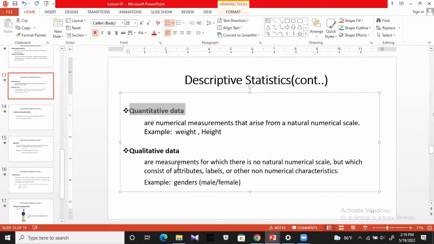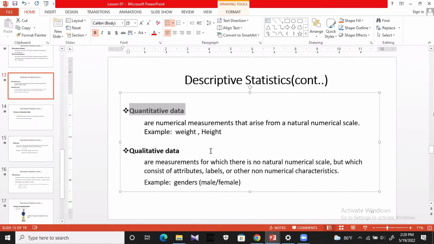Qualitative data are measurements for which there is no natural numerical scale, but there are natural language specifications. Sometimes we can represent qualitative data using numbers, but usually there's no natural numerical scale.